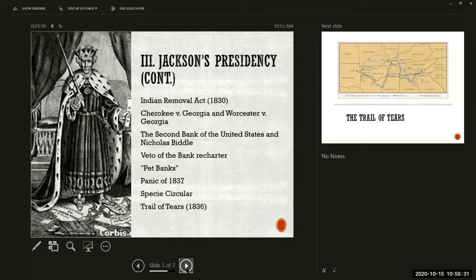They produced a kind of mixed heritage group that exercised leadership. Many of them could read and write English. They had been educated by Christian missionaries. They had their own alphabet. They published their own newspaper. And they had a constitution which was patterned after the US Constitution.